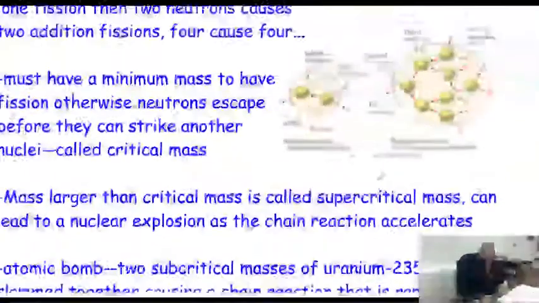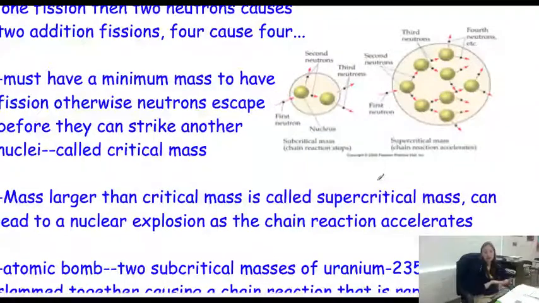Now you must have a minimum mass to have fission, otherwise your neutrons can escape and leave before they actually get absorbed. And so we call that a critical mass. A subcritical mass here is the smaller one where the chain reaction actually stops before it can get going.